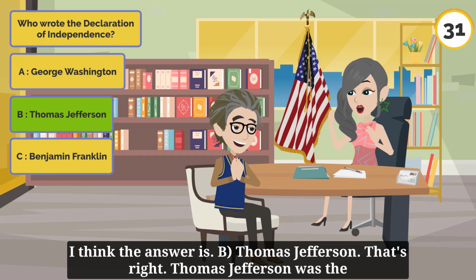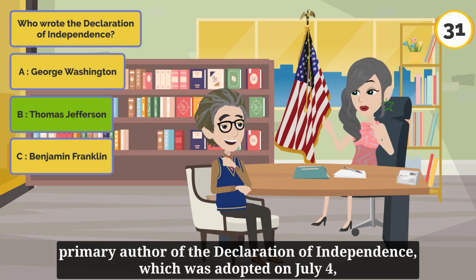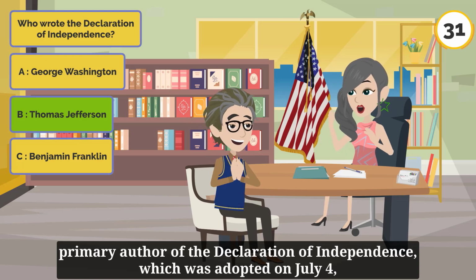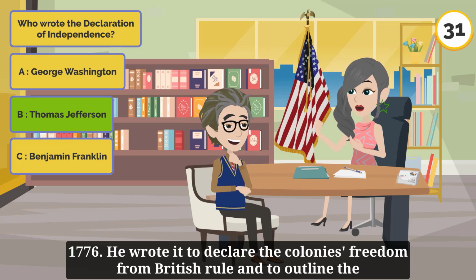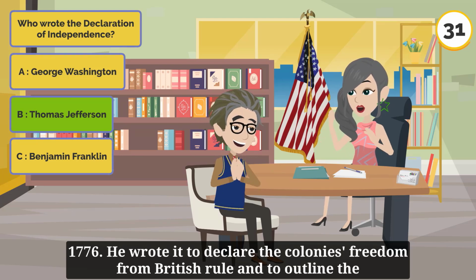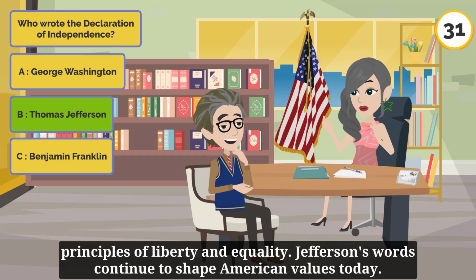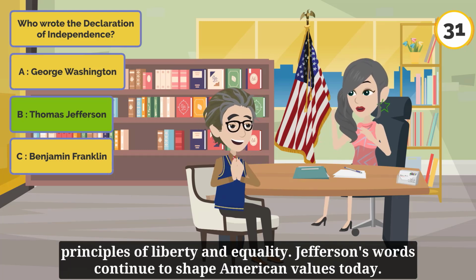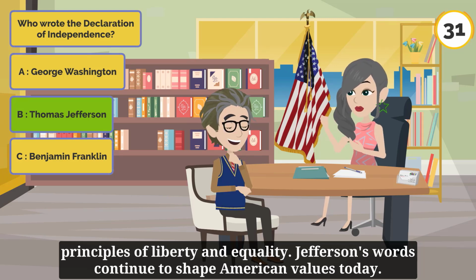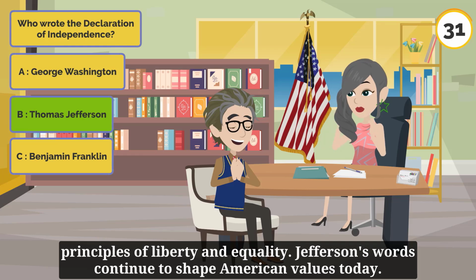Thomas Jefferson was the primary author of the Declaration of Independence, which was adopted on July 4, 1776. He wrote it to declare the colony's freedom from British rule and to outline the principles of liberty and equality. Jefferson's words continue to shape American values today.